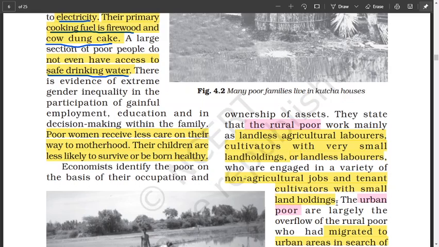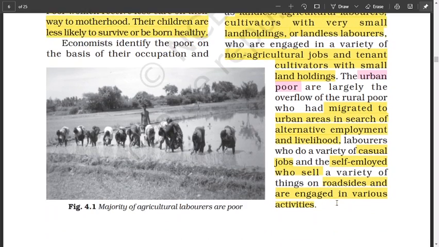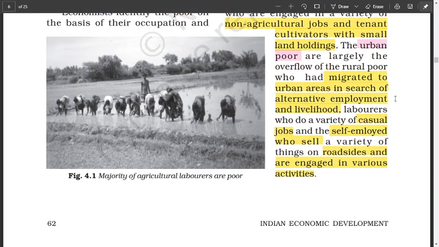The urban poor, you find them in urban areas because they migrated from rural areas in search of alternative employment and livelihood, because in their own village they don't get employment, so they mostly migrated to urban areas for better livelihood.